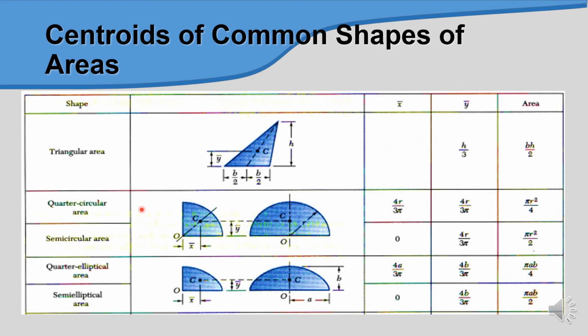And for the quarter circular area and semicircular area, the values can be seen through this formula. It's also the case for the quarter elliptical and semi-elliptical areas, where the formula is quite the same, but the area is a little bit different, and it is represented by using a and b for the x and y axes.